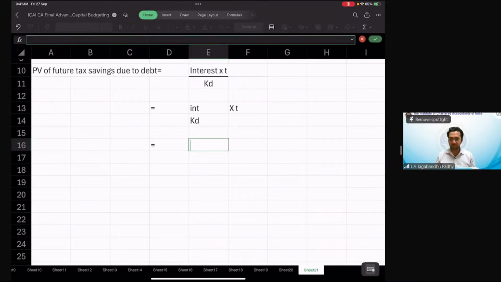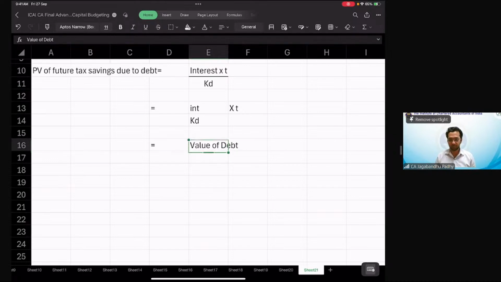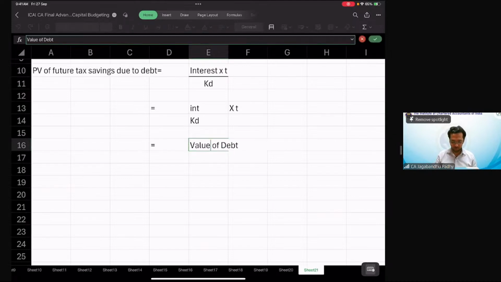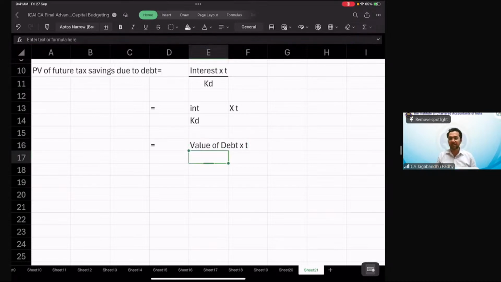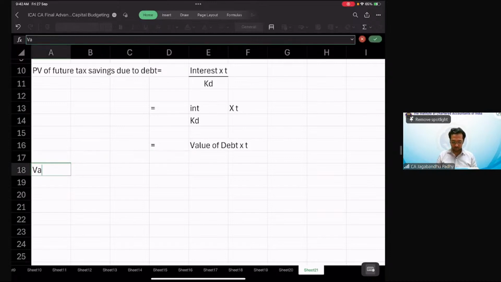Can I say interest divided by cost of debt is value of debt? Right. So that is nothing but value of debt multiplied by tax rate. And therefore, we say additional value of levered firm.